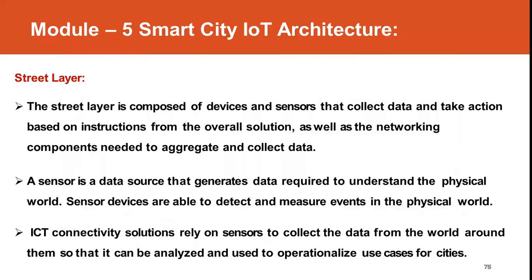Now the street layer. If we look at the street layer in depth, it is composed of devices and sensors that collect the data and take action based on the instructions from the overall solution. It also has the network components that are needed to aggregate and transmit the data. The sensor, as we all know, is a data source.